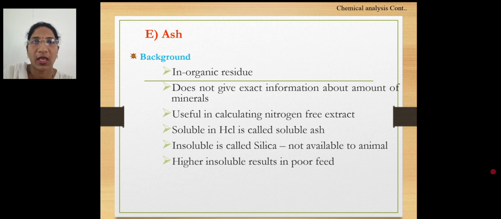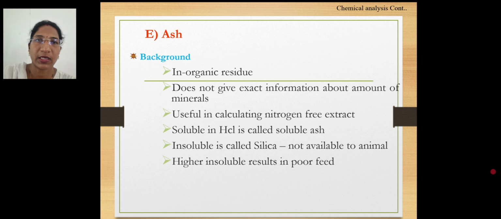Then ash is the inorganic residue. It does not give exact information about how much minerals are present in it. It is useful in calculating nitrogen free extract. Then the part soluble in HCl is called soluble ash.